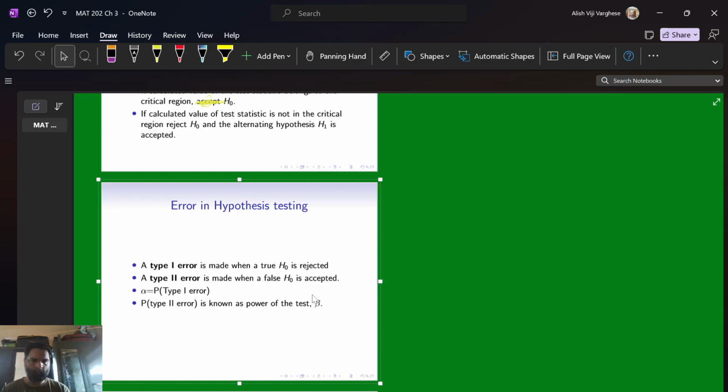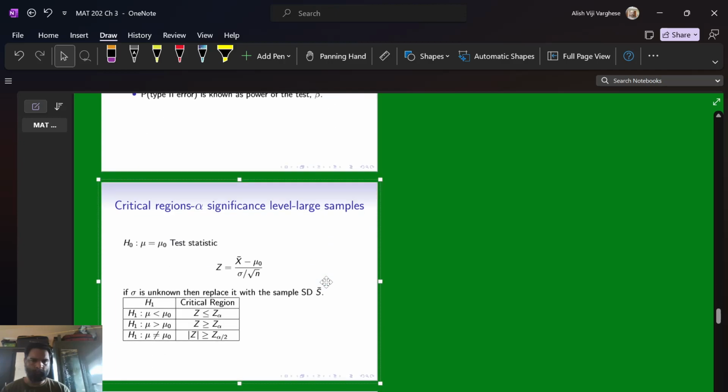Then if a false hypothesis is accepted, because all this happens based on random samples, this may happen. That's a type 2 error, and the probability of type 2 error is usually denoted by the letter beta.